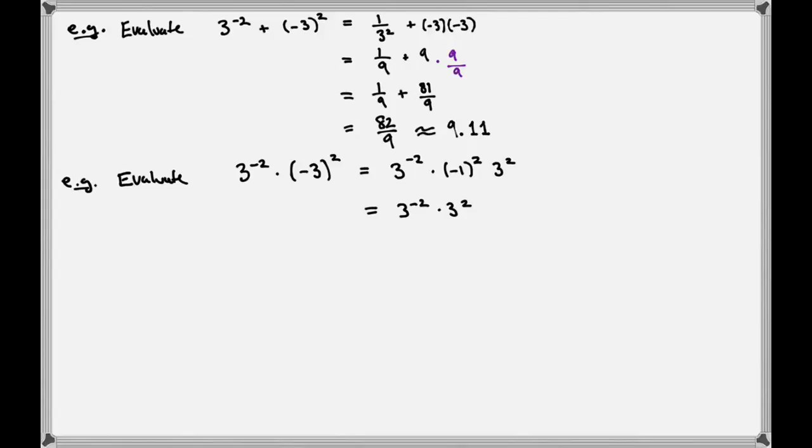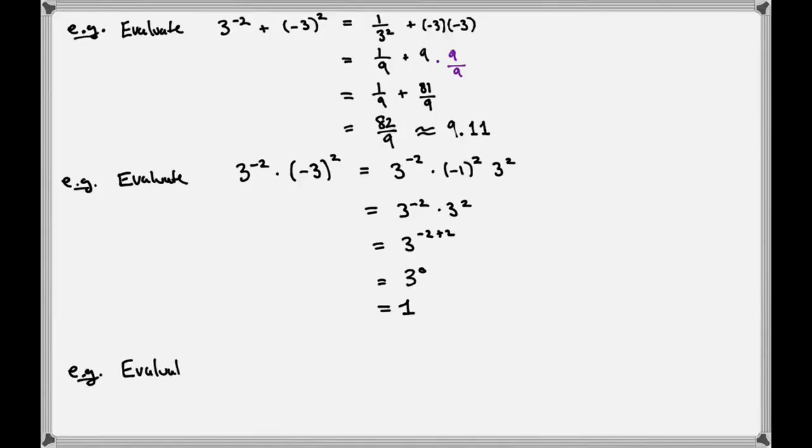And you could do what we did a moment ago and write the 3 to the negative 2 as 1/9. But why don't we just illustrate a different approach here? I'm multiplying powers with the same base, and so I can add the exponents together. When I do that, I get 3 to the 0, and we define 3 to the 0 to be 1. You may come up with a different order of calculating this, but as long as you observe order of operations and do the calculations and the laws of exponents appropriately, you'll get the same answer as me.